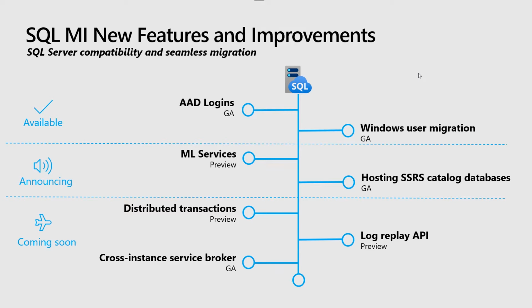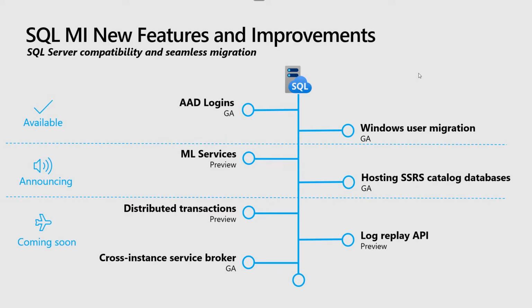However, for the older versions of SSRS, which are still in use, perhaps you cannot migrate to the newer version of SSRS. If you're still using these older versions and want to migrate your data tier to managed instance, you can do that now by changing a couple of configuration options in managed instance and then installing the older version of SSRS and pointing it to managed instance as a repository for the catalog databases.